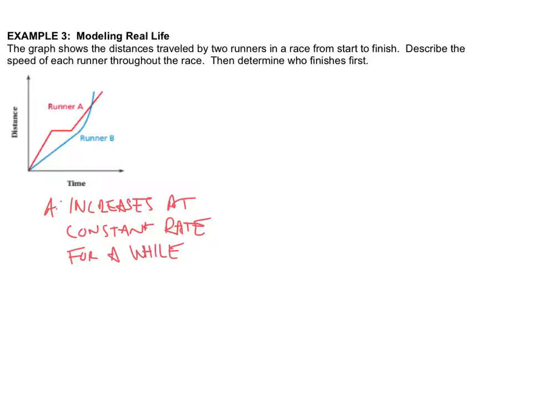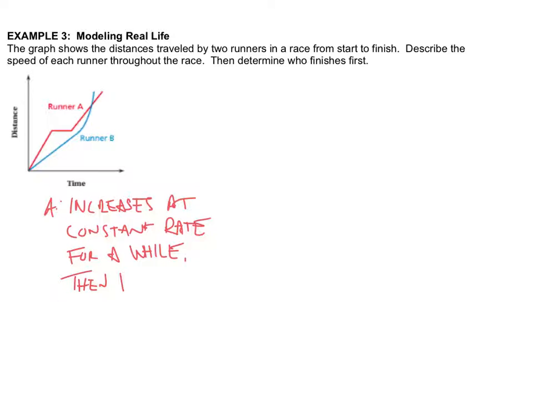Okay, then notice that his distance stops. He's not gaining any distance through here, right? So he goes pretty quick out of this thing, right? But then his distance stops for a little while. So what is that telling me? Well, we don't know why.